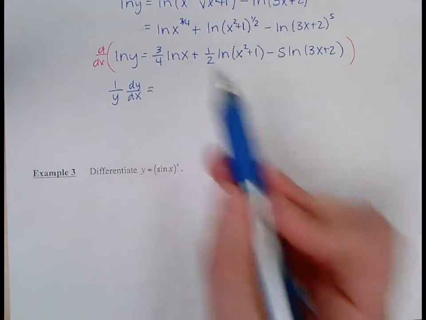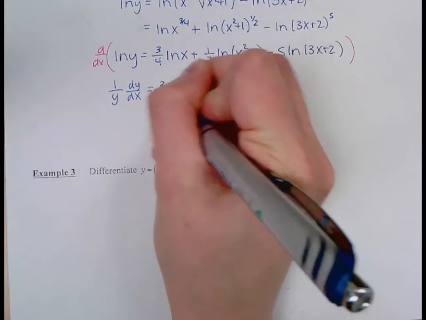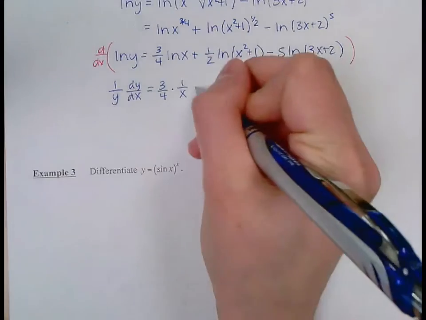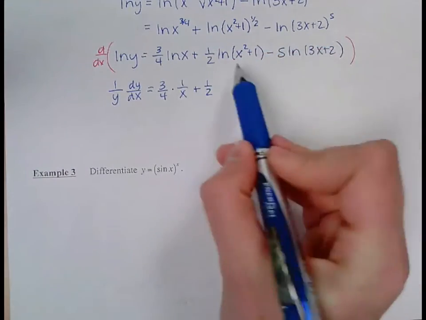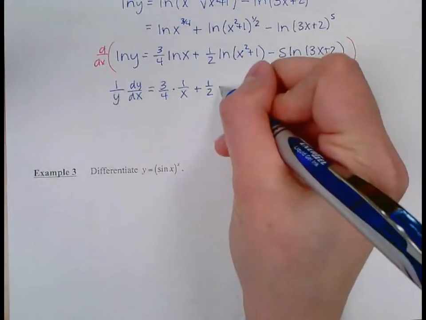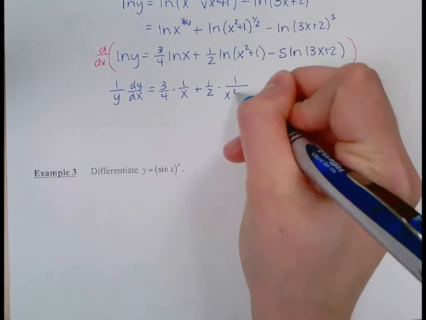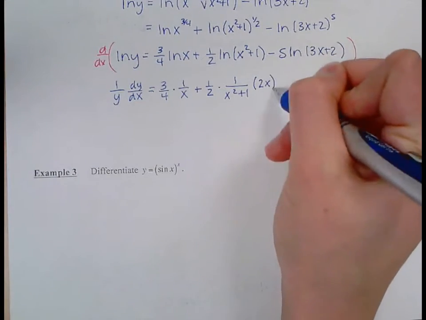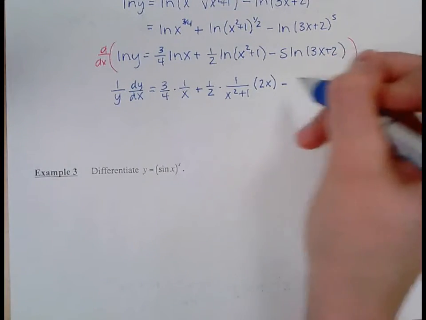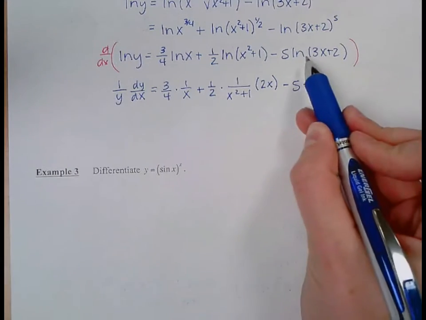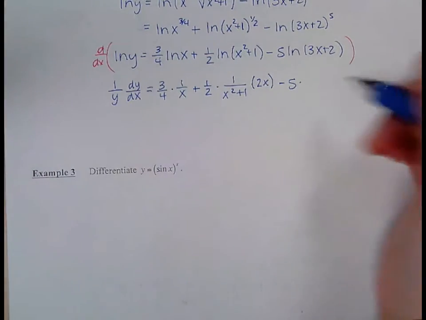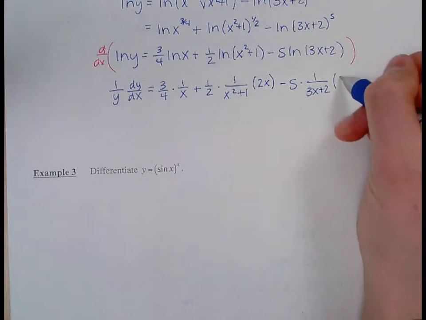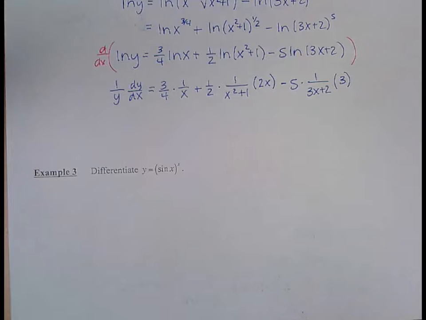And then 3/4 times natural log of x, I'll have 3/4 times the derivative of natural log, which is 1 over x, plus 1/2 times this derivative, so chain rule would be 1 over x squared plus 1 times the derivative of x squared plus 1, which is 2x, minus 5 times the derivative of the last natural log, chain rule, 1 over 3x plus 2 times the derivative of 3x plus 2, which is 3.